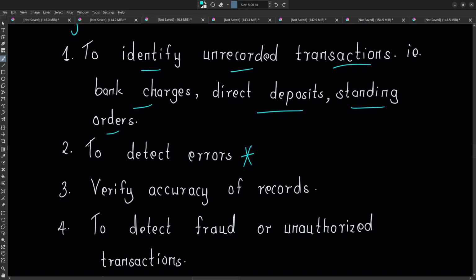So there usually could be some errors. Maybe the amount was written the wrong way. Maybe you were paying 350, it is showing 315. Normal human error, okay? Such things you will be able to detect when you are doing the bank reconciliation, because the documents used to input these things are the same.